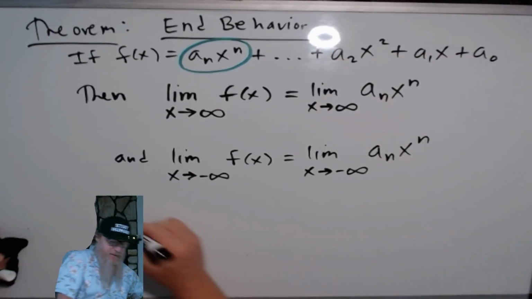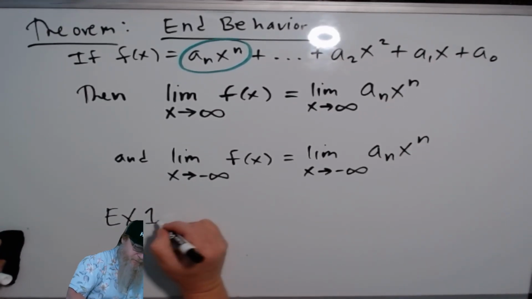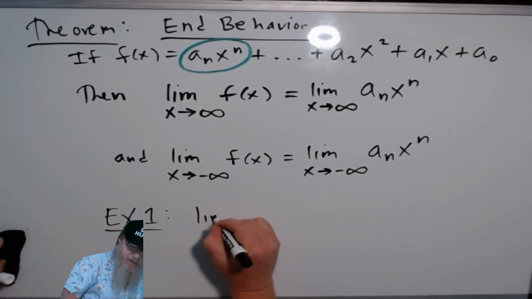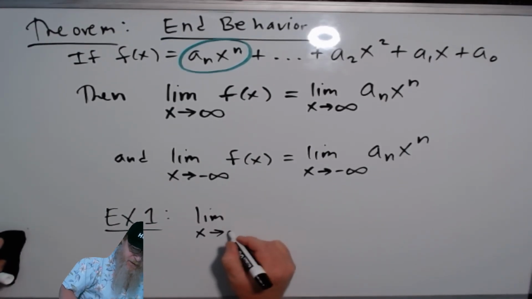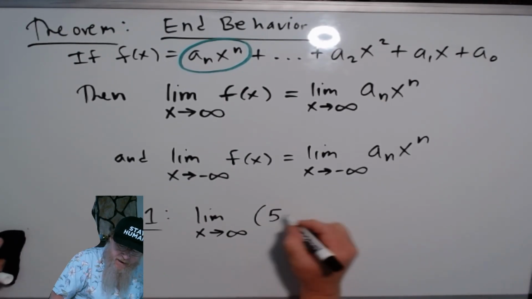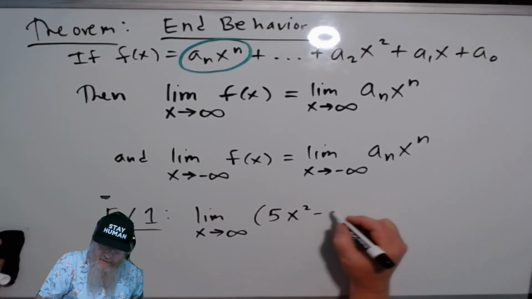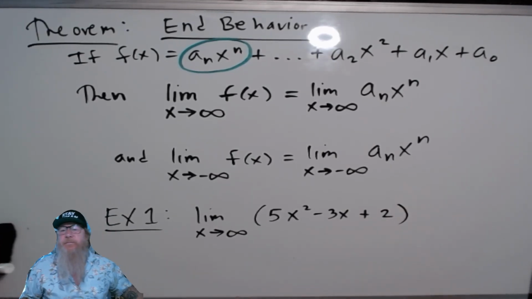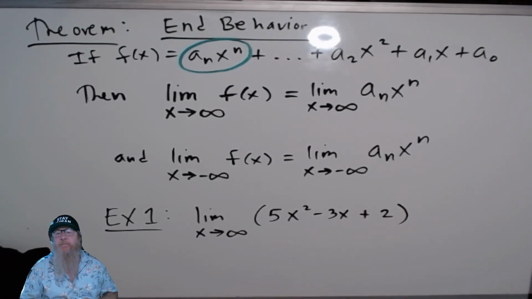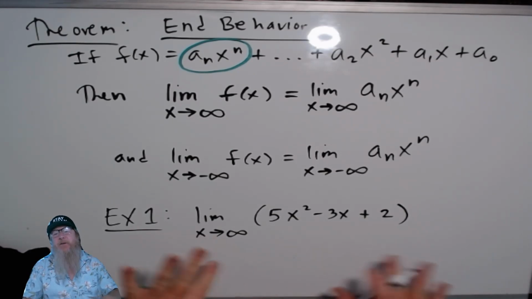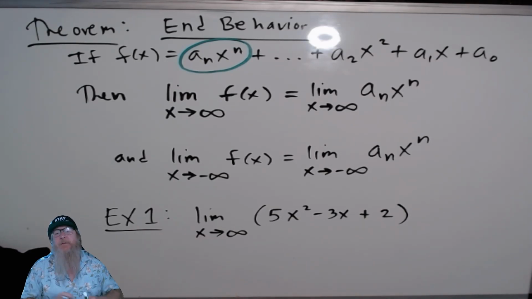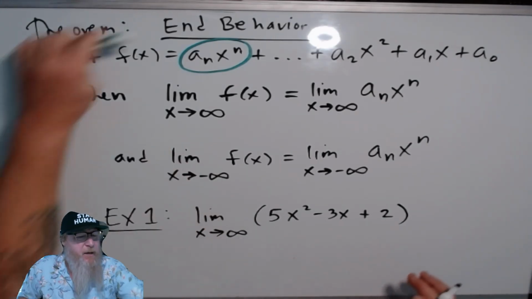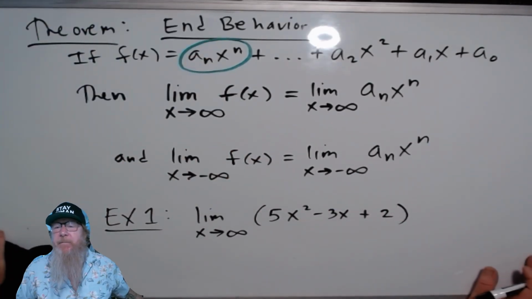All right, so let's do an example. The limit as x goes to infinity of 5x squared minus 3x plus 2. I don't have enough room to do the whole thing, so I'm just going to do this one. I'll do the negative infinity in a second. I want to leave this theorem up here for a minute.